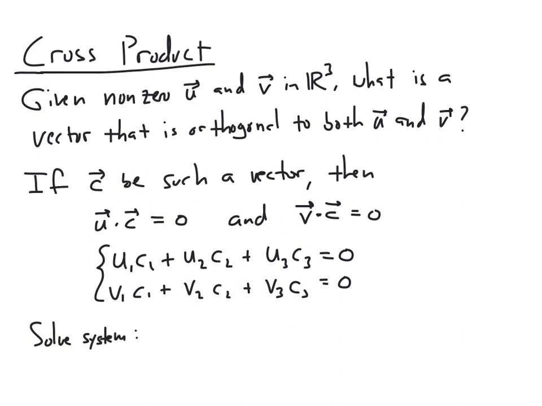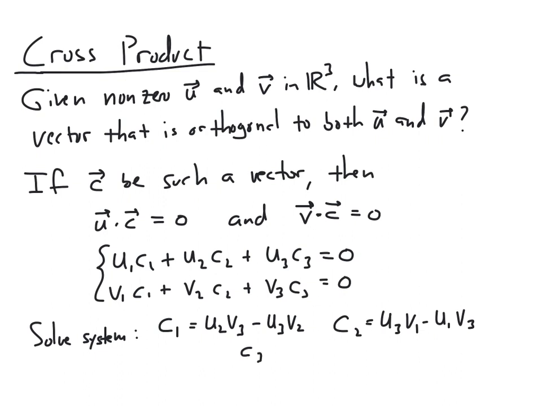We're going to skip the solution part, but if we solve it, we find the following solution. C1 has to be u2 v3 minus u3 v2. C2 will be u3 v1 minus u1 v3.